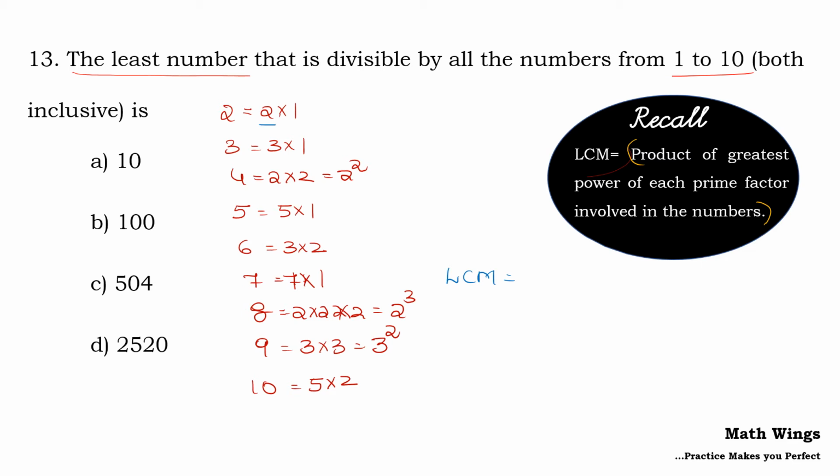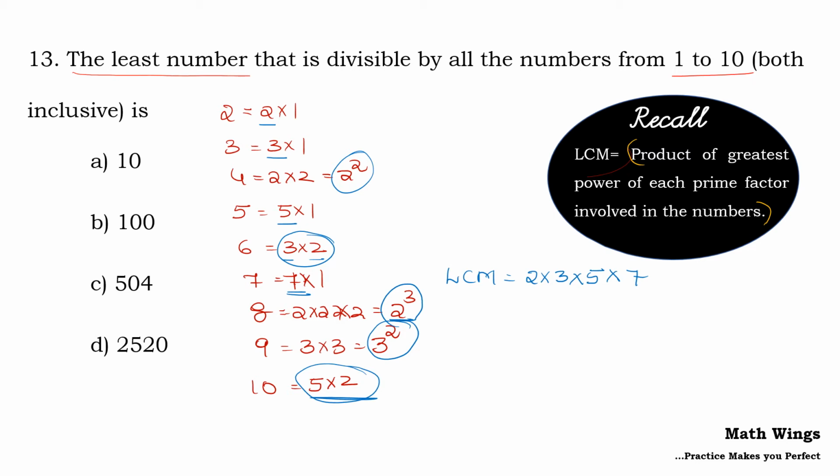We have 2, 3, then 2 is repeated, 5, then 3 and 2 are already covered, next we have 7, then 2 and 3 are already covered, and 5 and 2 are also already covered.